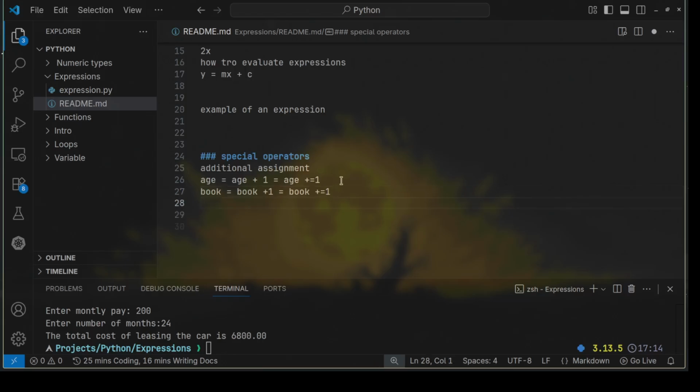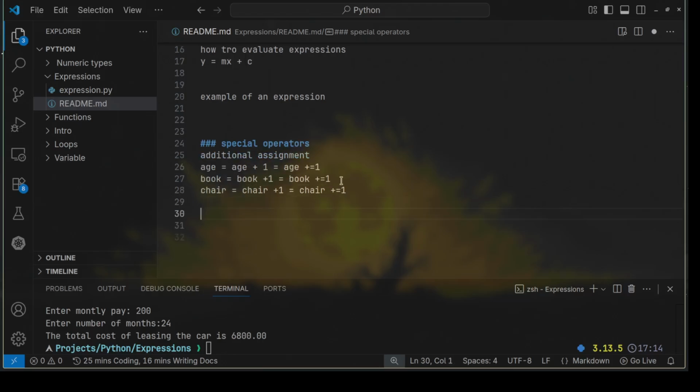If we want to do another thing like chair equals chair plus 1, we want to add another chair. This will equate to chair plus is equals to 1. Hope we're clear for that.